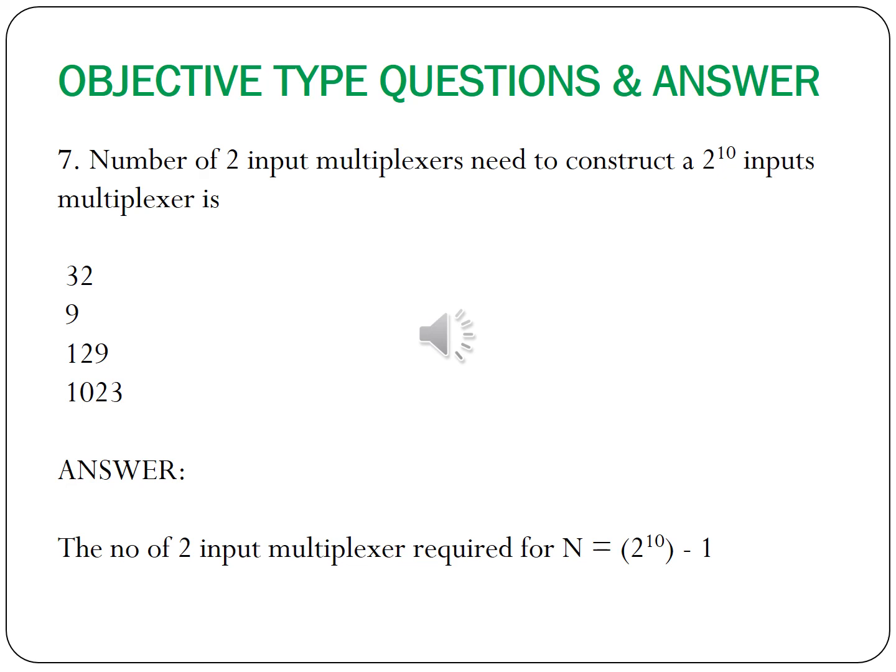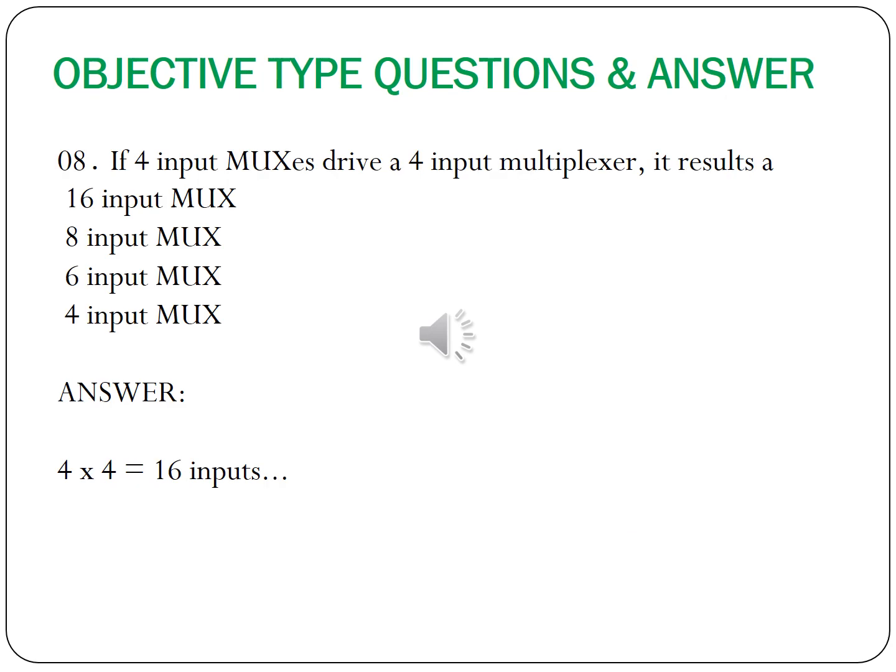So the correct answer is, the number of two input multiplexers required for n equal to 2 power 10 minus 1. Okay, 2 power 10 minus 1, that is nothing but 1023 two input multiplexers are required to construct the 2 power 10 input multiplexer.